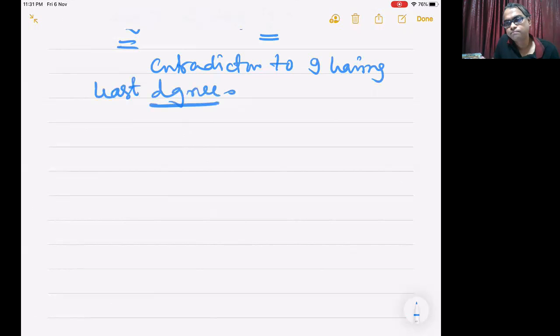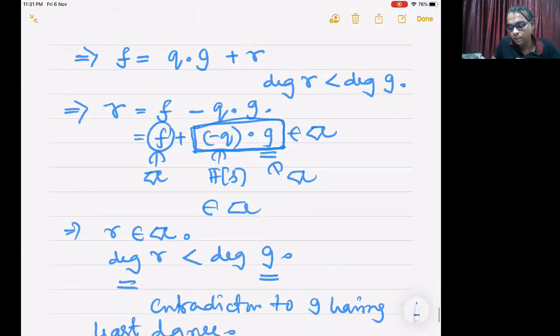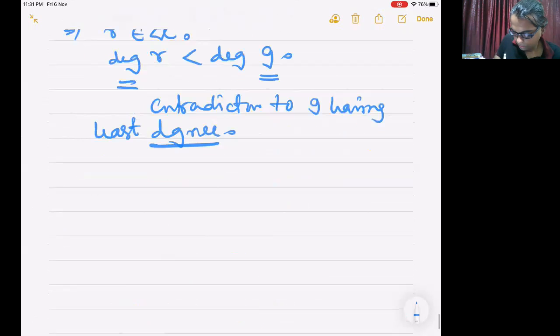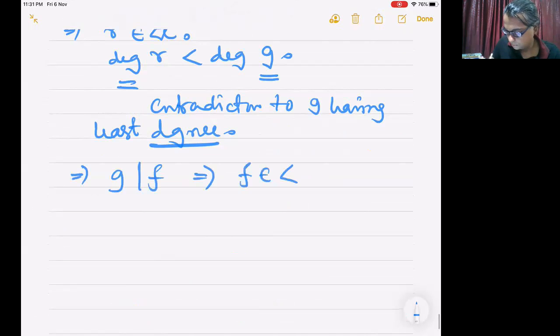Great, no? The only option left is that what we had assumed must be wrong, that F is not divisible by G. That's wrong. So G must divide F, which implies F is in the ideal generated by G. That's it. Done. So it's a principal ideal.